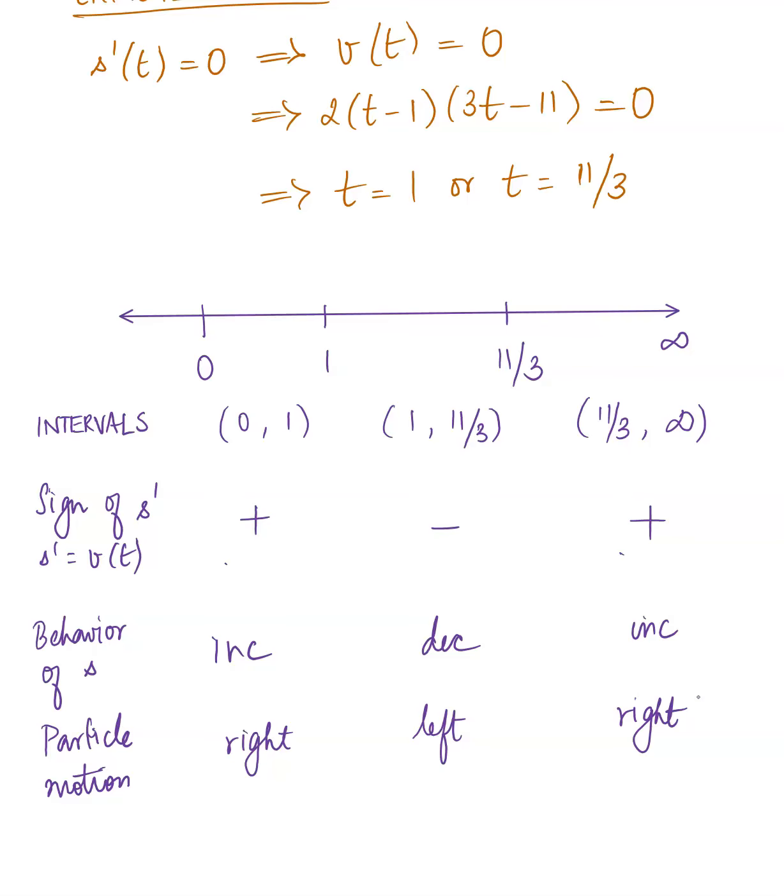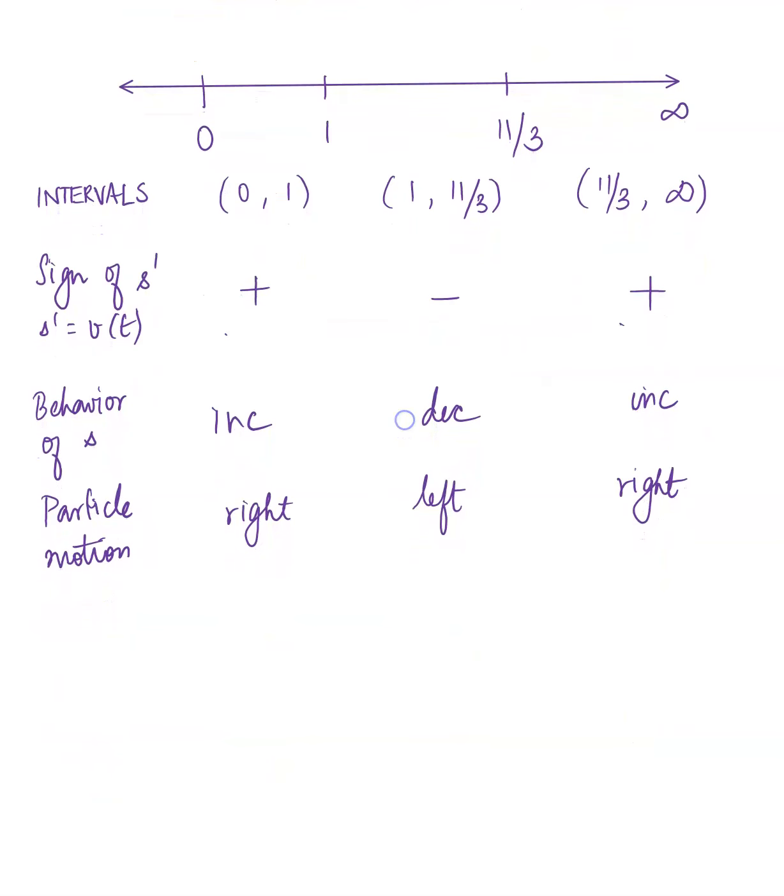Now we'll also consider the sign of the second derivative, because that will help us with the concavity. Sign of S double prime. For our convenience, S double prime is nothing but the acceleration.